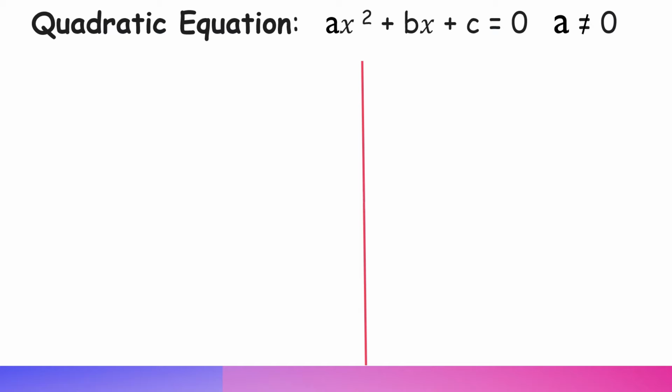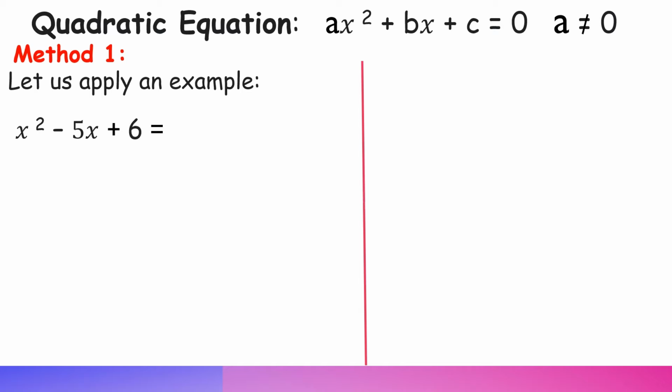Now, what we'll be looking at now is an example of a typical quadratic equation where we will be solving for x in method 1. So if we look at the general form of the quadratic equation above, we see that a is the coefficient of x squared, that is, a is multiplying x squared, b is the coefficient of x, and then we have c being the constant term.